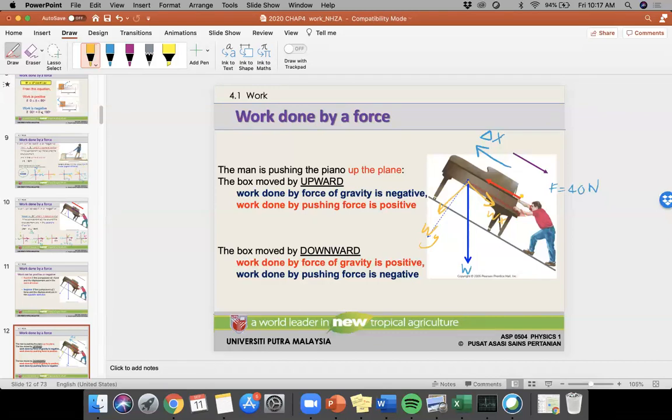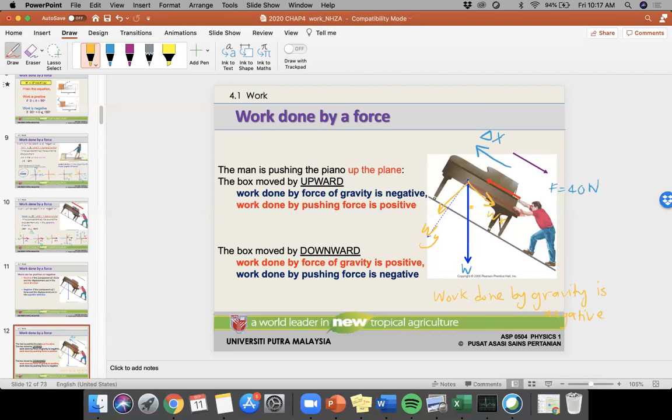So Wy we're not considering. So we are looking only at the parallel component to displacement, which is Wx. But Wx is in the opposite direction as displacement. So work done, okay, so what I can say is work done by gravity is negative.